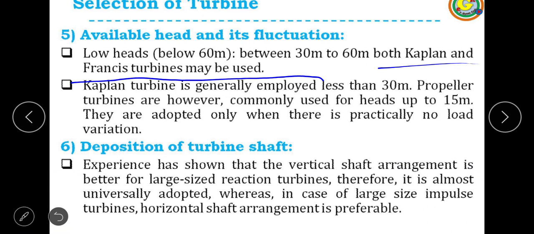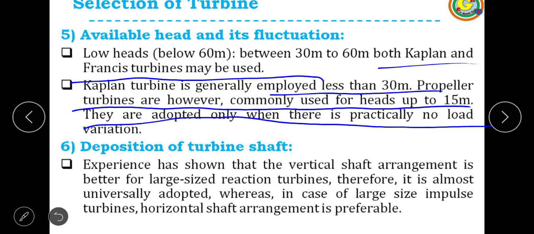Kaplan turbine is generally employed for less than 30 meter. Propeller turbines are however commonly used for heads up to 15 meter. They are adopted only when there is practically no load variation. In that case the propeller turbines are commonly used. Otherwise, up to 30 meter, Kaplan turbine is used.